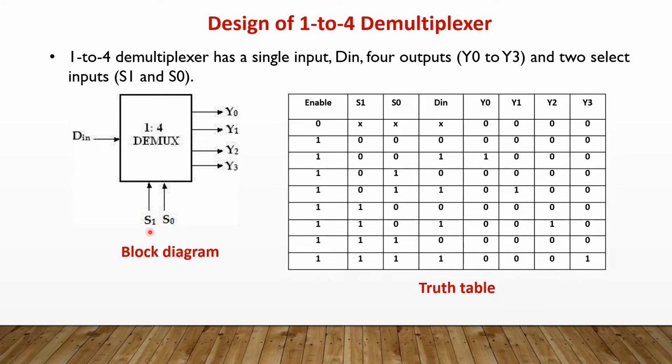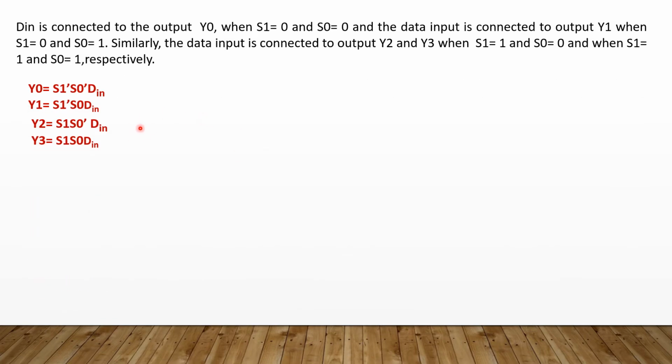And suppose the selection line input is 0, 1, then that particular data, that is data in, will be distributed through Y1 and so on. So based upon these S1 and S0 values, we'll be getting the output through one of the output terminals.